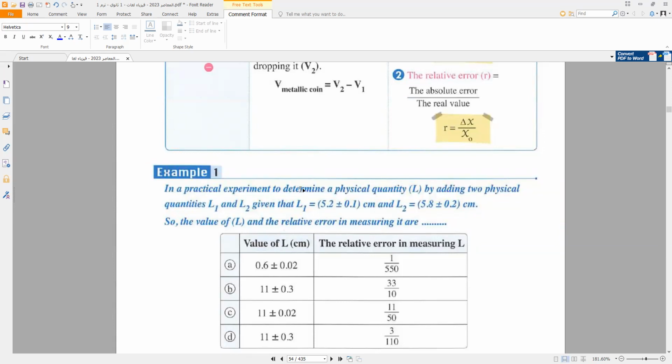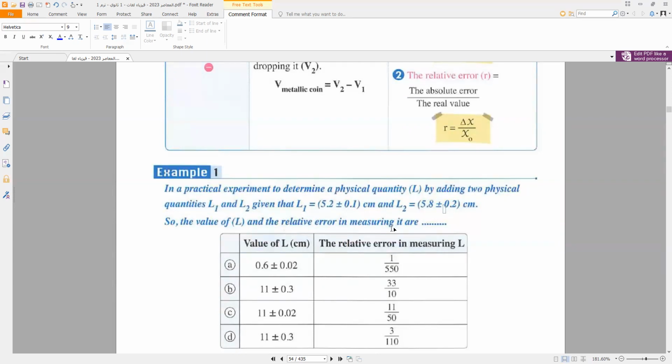In a practical experiment, to determine the physical quantity L by adding the two physical quantities L1 and L2, L1 plus L2, you will get L capital and the relative error. We must calculate the absolute error of each one of them: the absolute error of length 1 equals 0.1 and of length 2 equals 0.2.